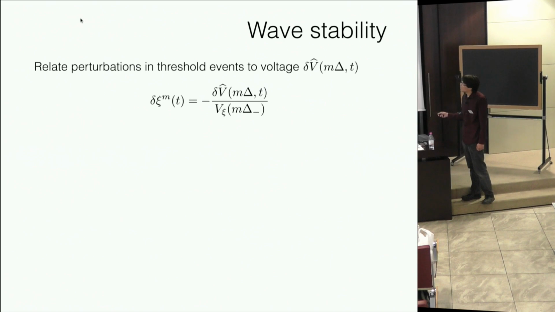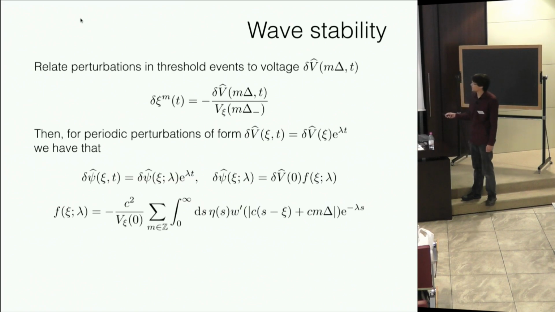And so you can demonstrate that you can express perturbations in your threshold crossings with respect to, again, temporal derivatives of V and the perturbation in V.